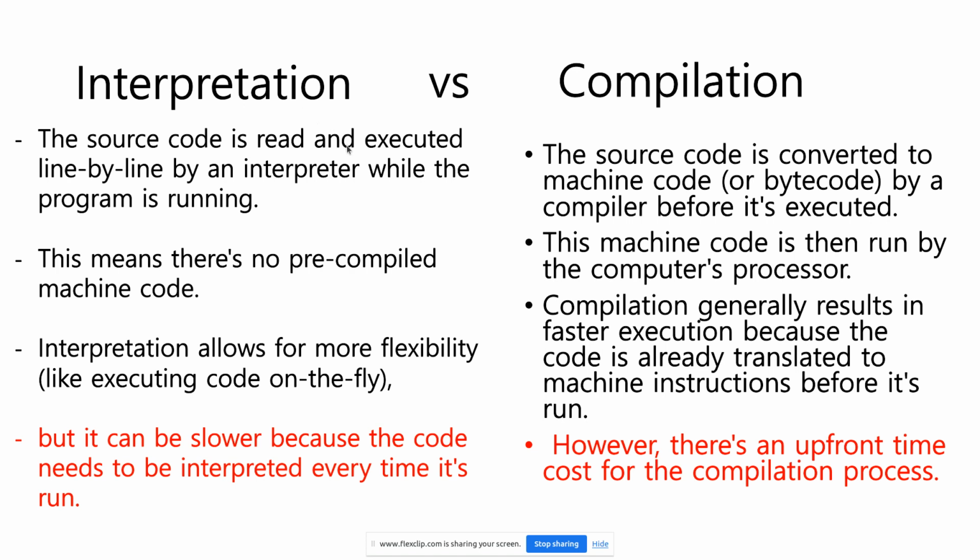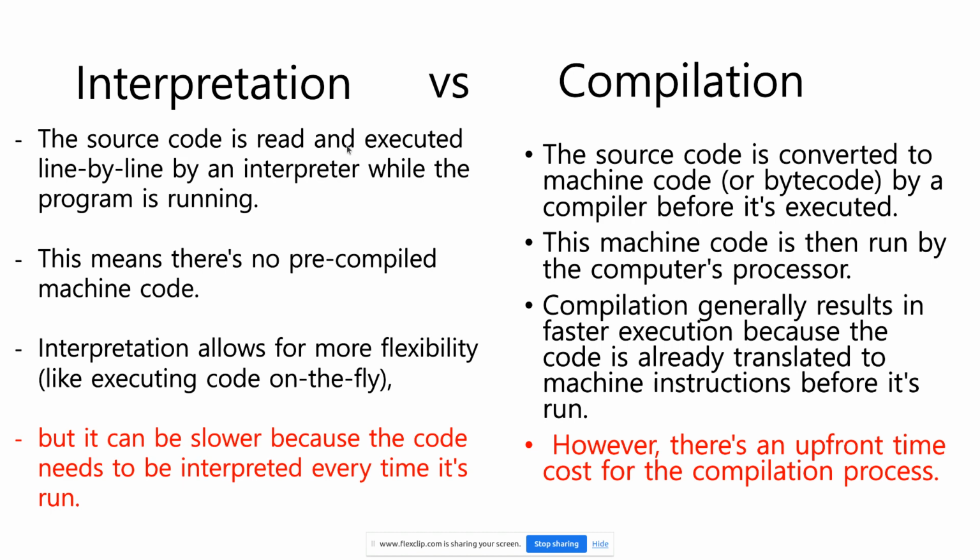Machine code is the binary code, 0101, and if there's no compilation, it could be slower compared to compilation. How about compilation? Compilation is when the source code is converted to machine code or bytecode.